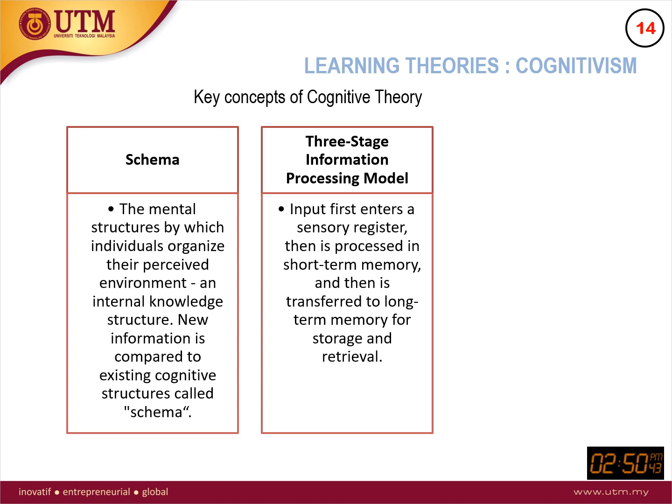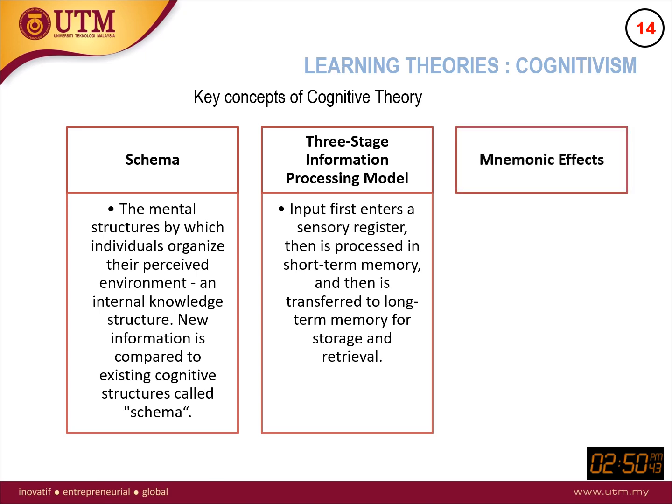The first stage is the sensory register or sensory memory, when we receive input information. Then we transfer it to our short-term memory, and then it's transferred to the long-term memory to be saved there. And then we retrieve this information when we need to.